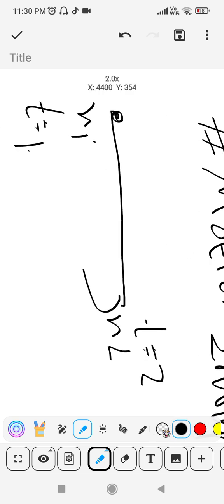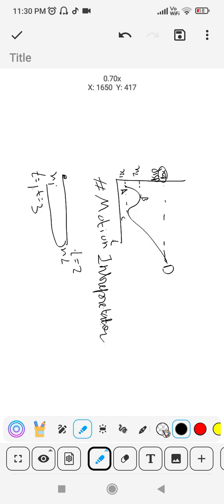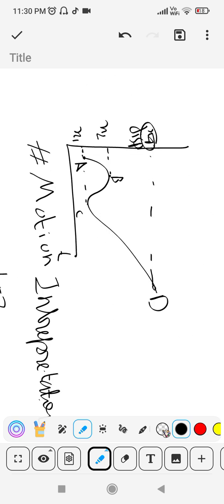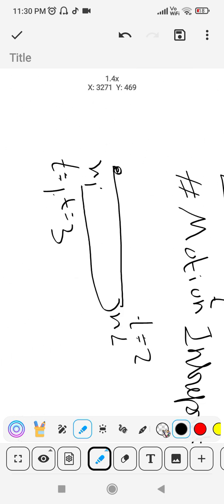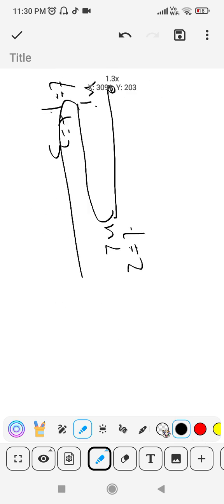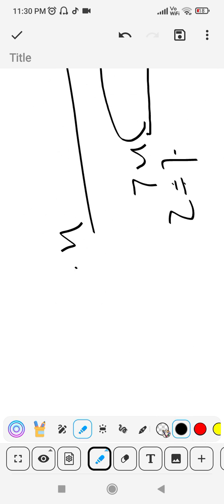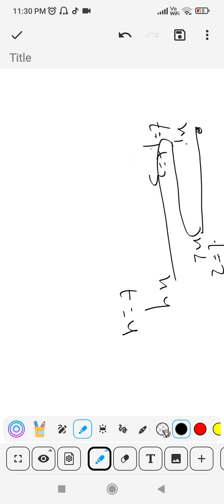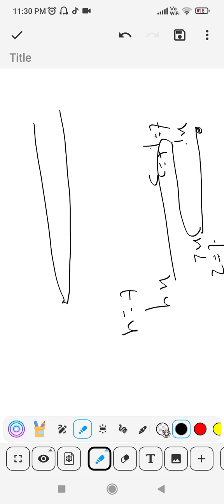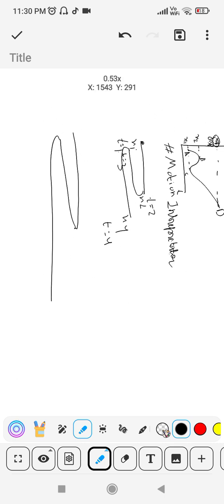Then the object came back to x1 at t equals 3, and then the object has taken one more u-turn and got to x4 at t equals 4. So the motion interpretation says that the object goes from x1 to x2, then comes back to x1, and then goes to x4.